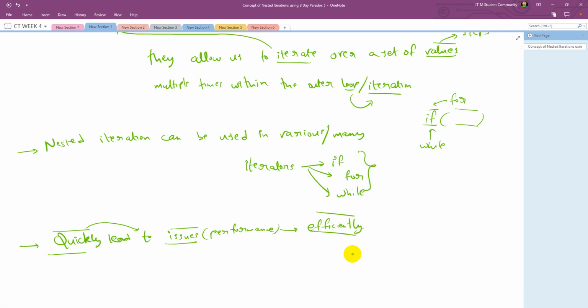Here I have told you to efficiently use the nested iteration, but here also I told you, but it was in a wrong way, like improper selection of iterator. But here I am stressing upon efficient usage.